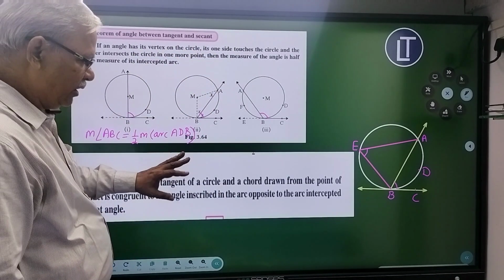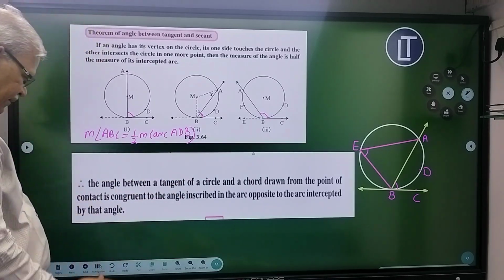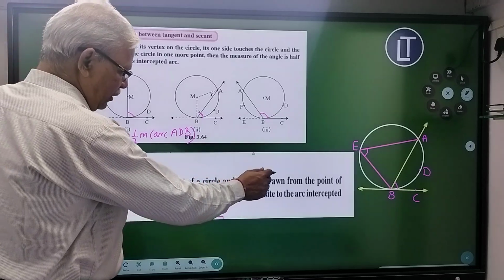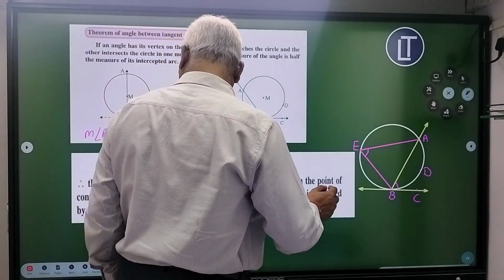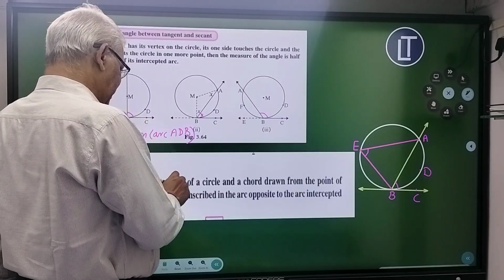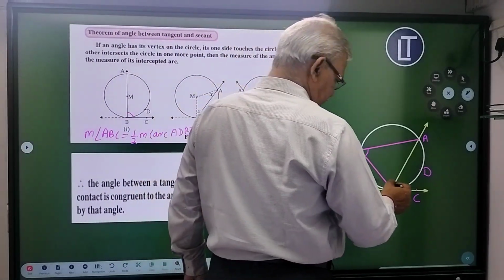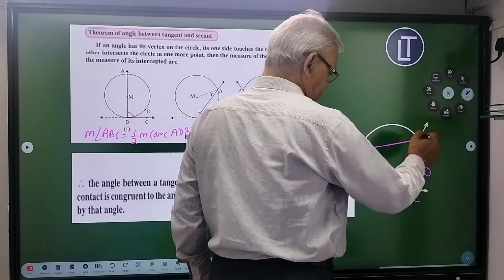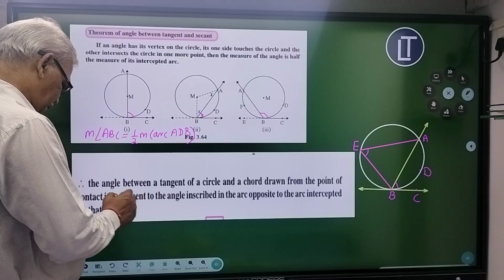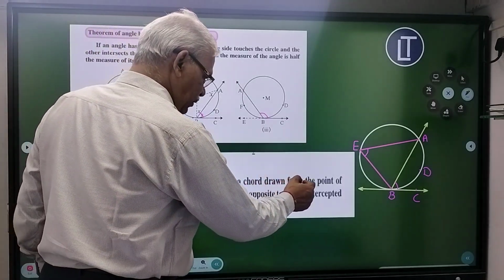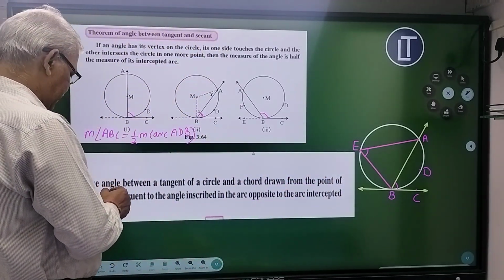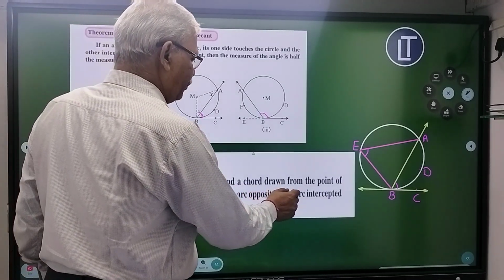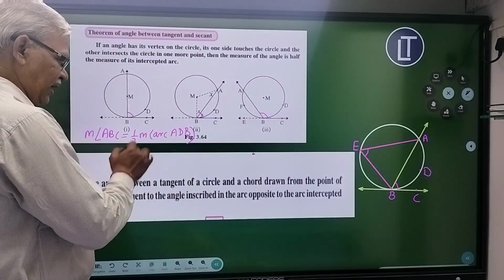The same theorem in a different, alternate way: the angle between the tangent of a circle and a chord drawn from the point of contact is congruent to the angle inscribed in the arc opposite to the arc intercepted by that angle.